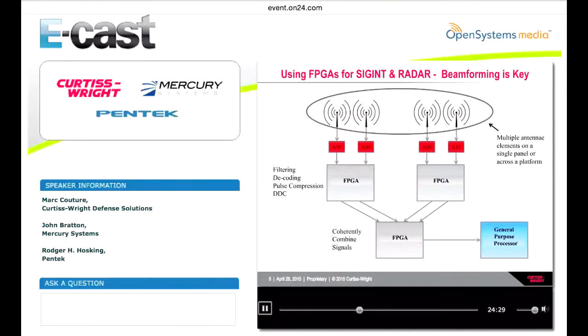So if we just break down that sensor chain, first of all, FPGAs quite often at the front, right behind lots of wideband ADCs. There's a lot of systems that Curtiss-Wright will construct where this is just a single board architecture, but it's often many boards if there's lots of ADC channels.